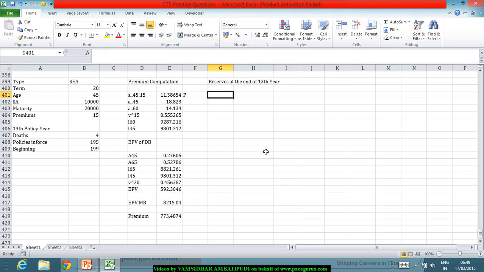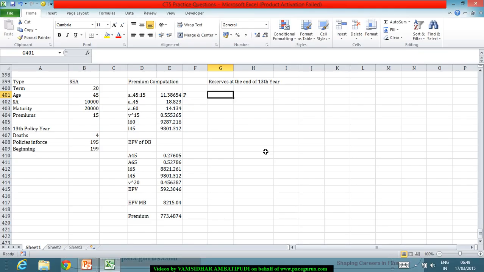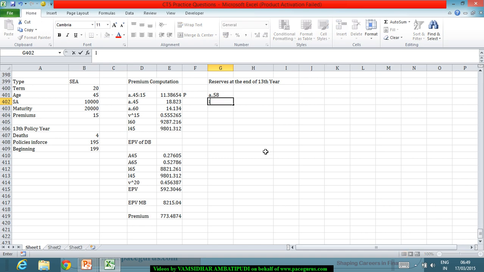So A58:7. Probably here I still require ä58, and ä60 is there with me. Right, so ä58 I require. Similarly, L58 is what we require. L60 is already there.